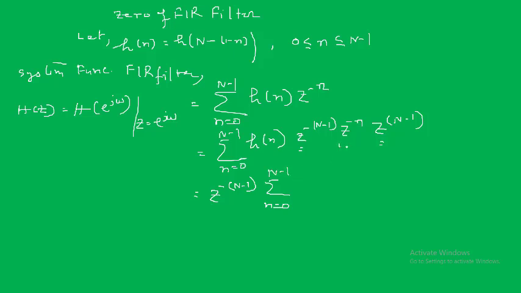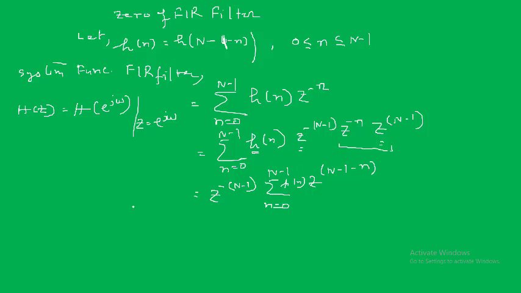If we merge these two terms, what we get is z to the power N minus 1 minus n. So here you see h of n, z to the power N minus 1 minus n.